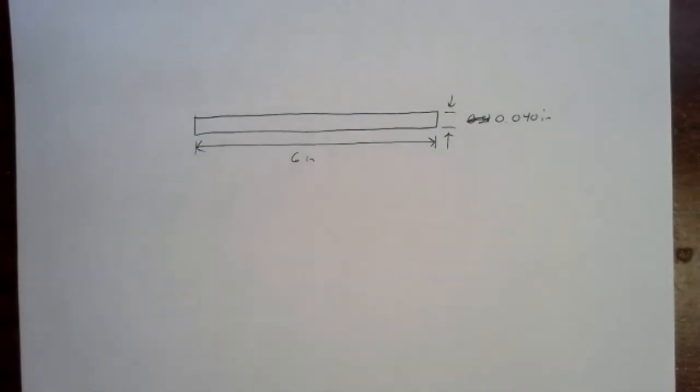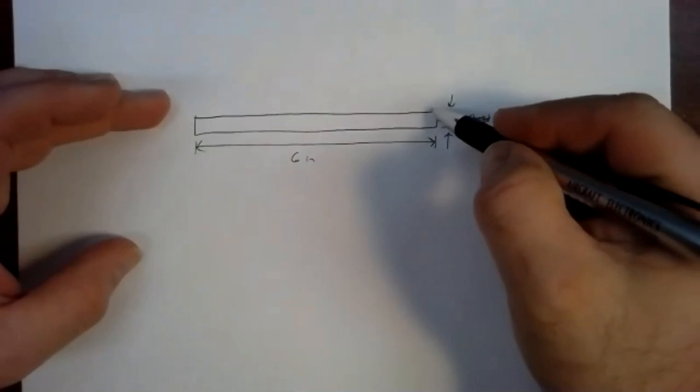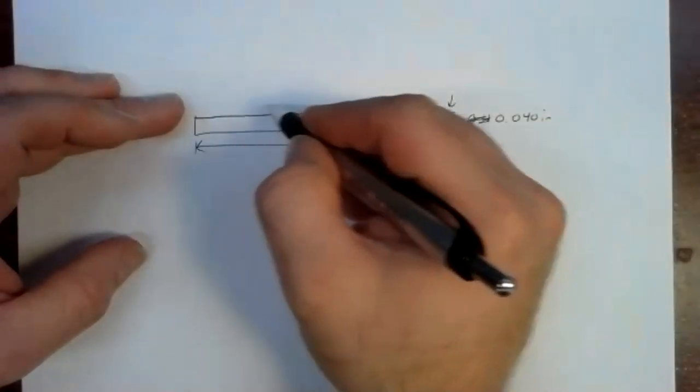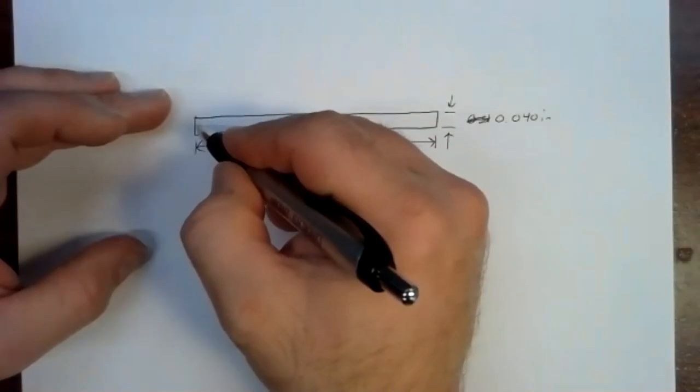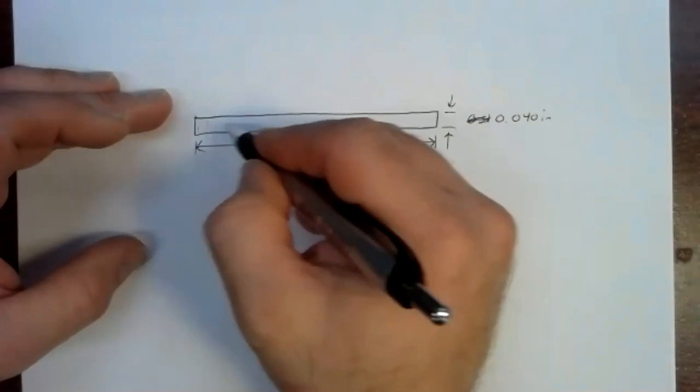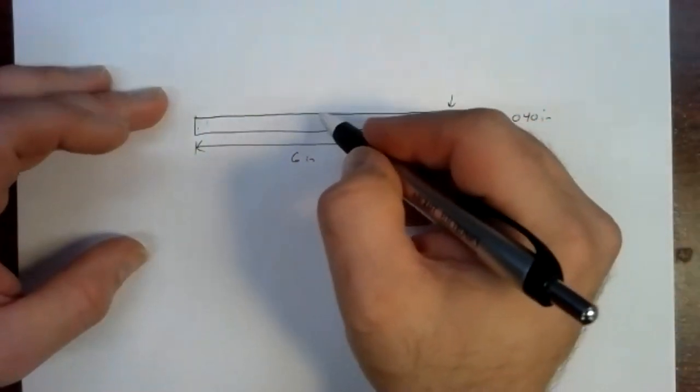If we wanted to cut this piece apart, we wanted to cut this piece off, we would have to apply a force to the surface that would make stress parallel to that exposed area.